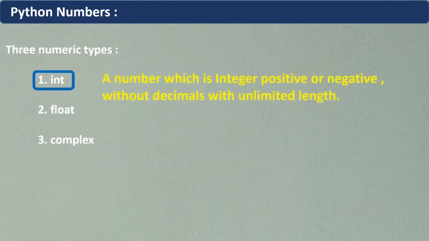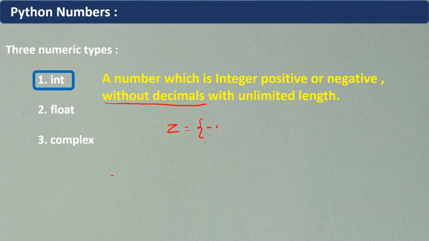An integer is a number, positive or negative, without decimals, with unlimited length. Here, without decimals, it may be a positive number or a negative number. In mathematics, Z is what we use to represent integers, right?